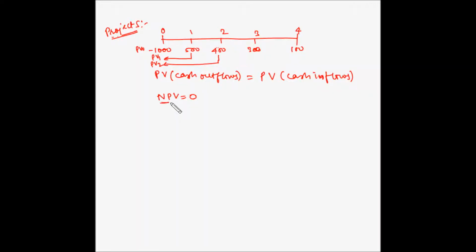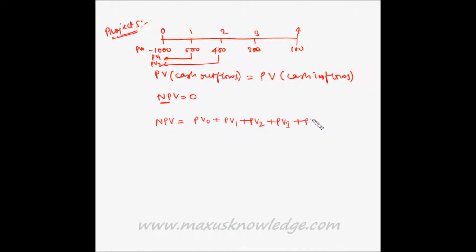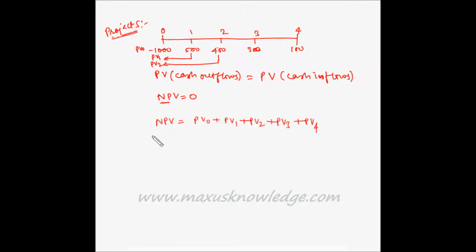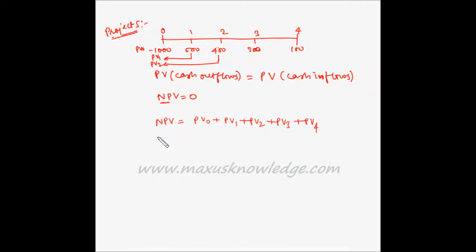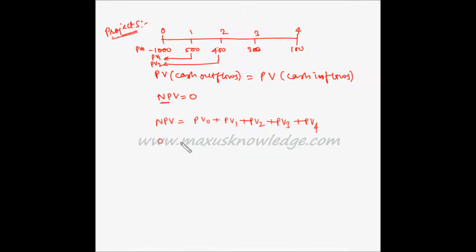Now what is NPV? So NPV will be equal to the sum of all the cash flows, outflows and inflows. So PV0 plus PV1 plus PV2 plus PV3 plus PV4. Now NPV has to be 0 at IRR.